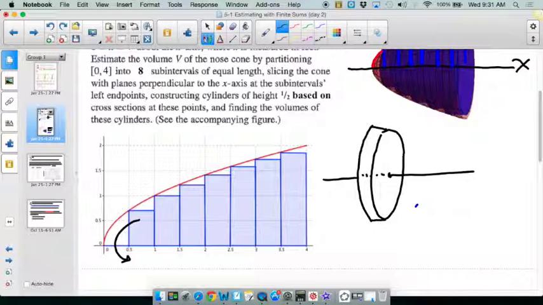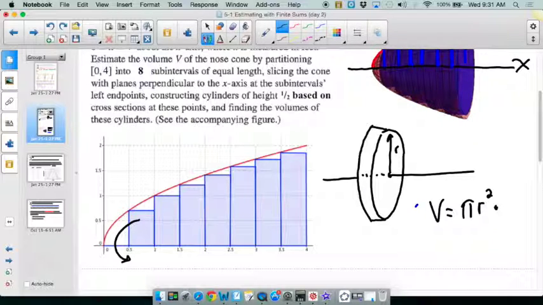And how do we calculate the volume of this? You take pi r squared. We're just working on this three-dimensional shape right now. Pi r squared times what? The height.